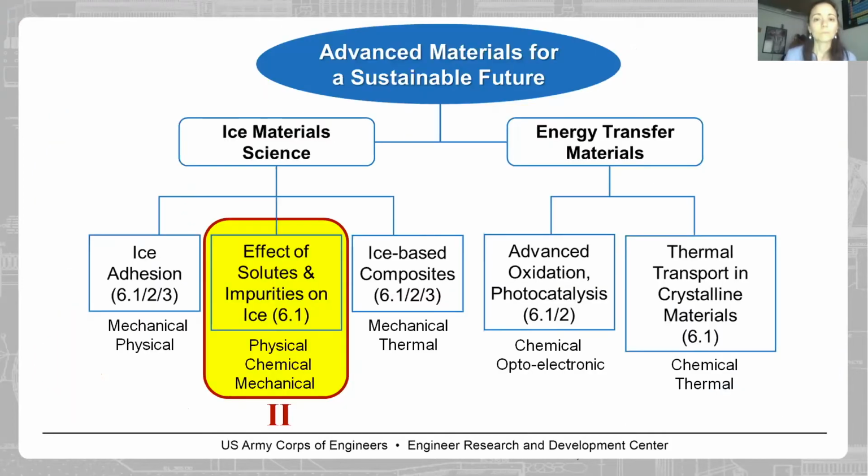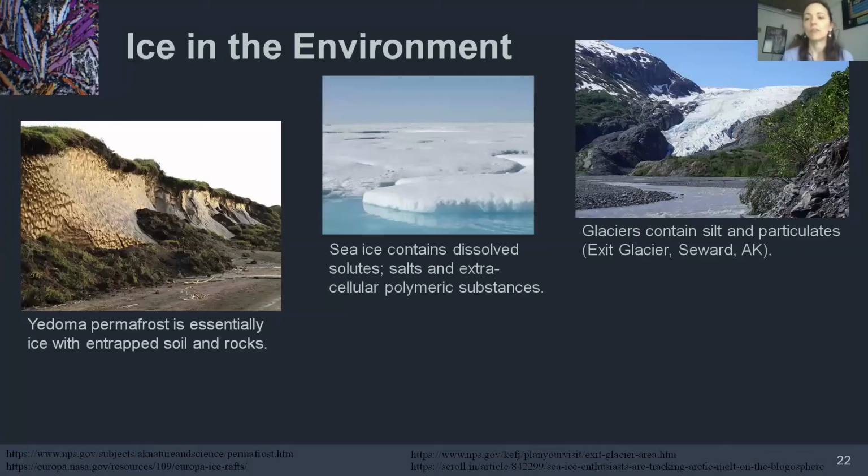So the second thing I want to tell you about is the effect of solutes and impurities in ice. And so we're often thinking about, right, out in nature, rarely is ice ever encountered as a pure single phase material. You have things like permafrost, where even permafrost that has a high ice content is essentially contained in trapped soils and rocks.